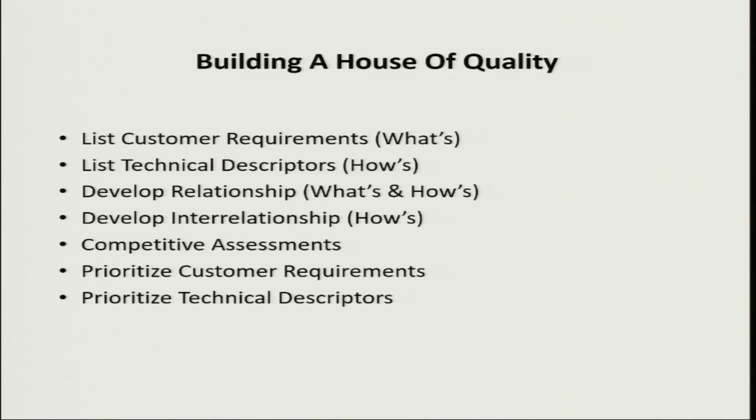Then do the competitive assessment of the products, and then prioritize the customer requirements and also the technical descriptors. Prioritizing means seeing which aspects I should improve and which aspects I should keep as they are.